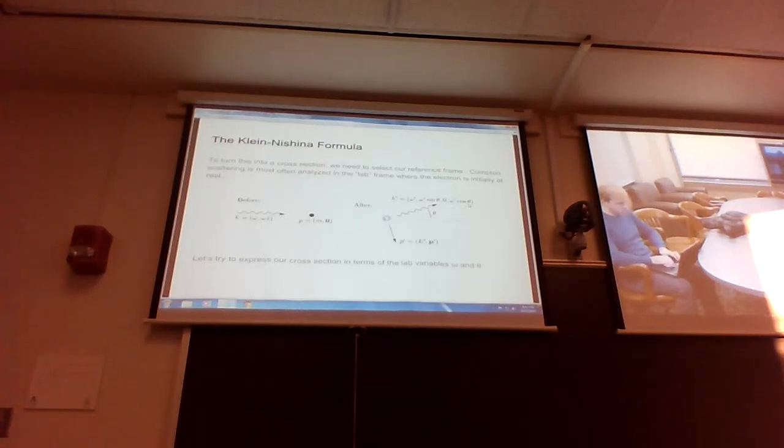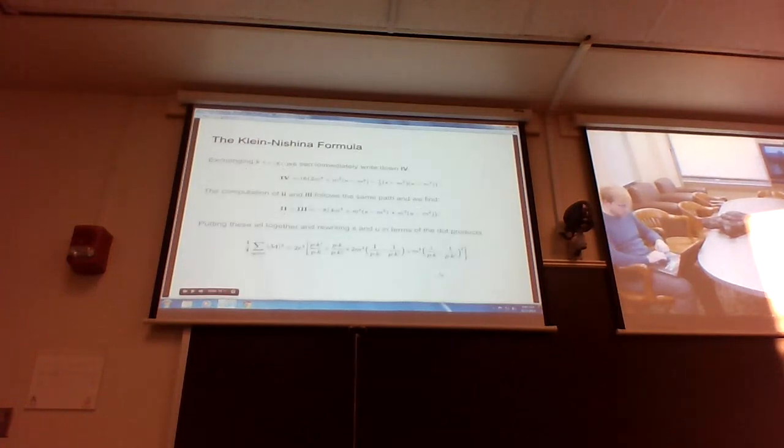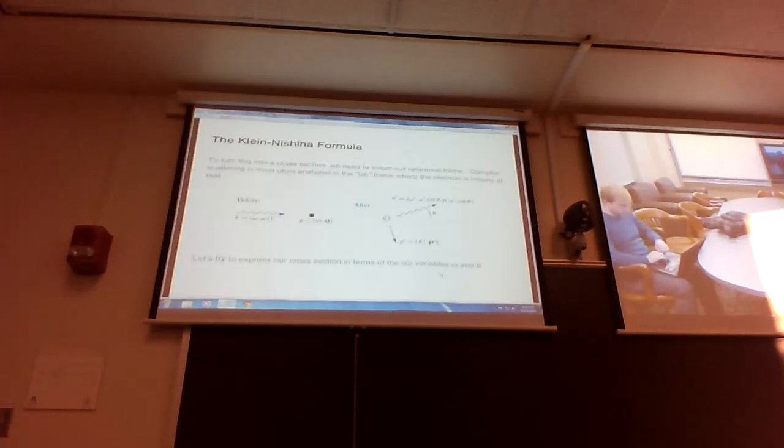And then finally, the electron, p prime, I just write in terms of general variables. So what we want to do is use this picture and compute all these dot products to put the cross section in terms of the lab variables, which are the energy of the initial, incident photon, and the scattering angle theta.